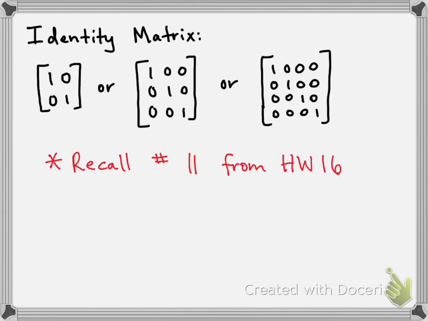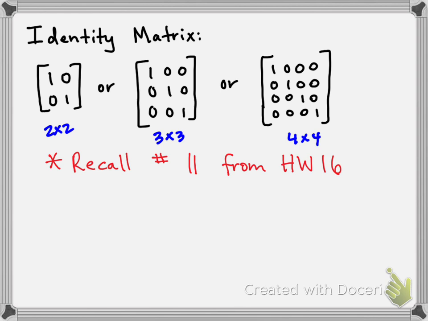Now, things you need to know. The identity matrix looks like this. They are square matrices. So notice this guy is a 2 by 2. This guy is a 3 by 3. This guy is a 4 by 4. And identity matrices are kind of like multiplicative inverses. They represent that number of 1, but with matrix things.